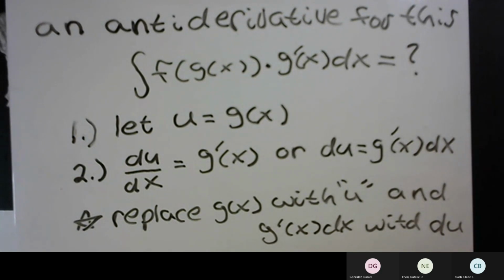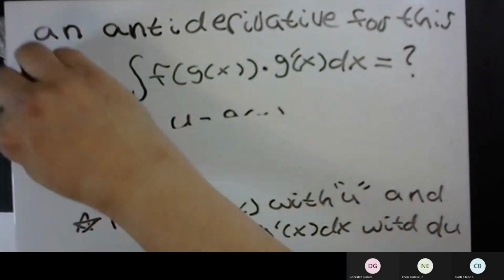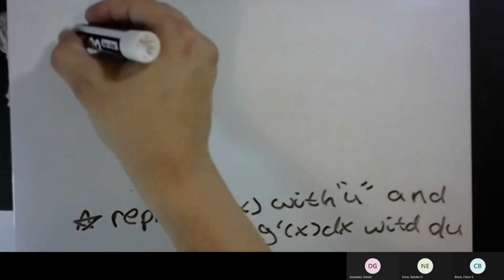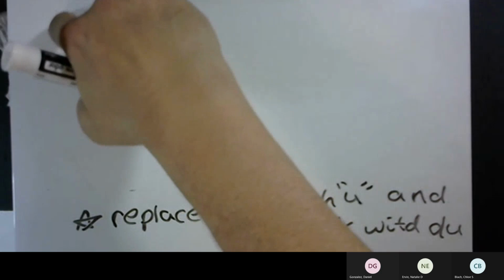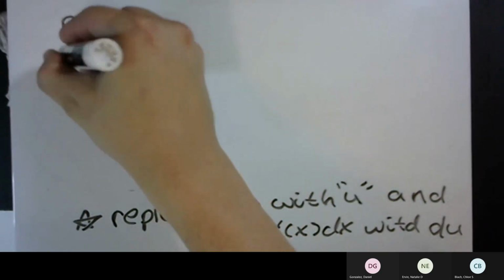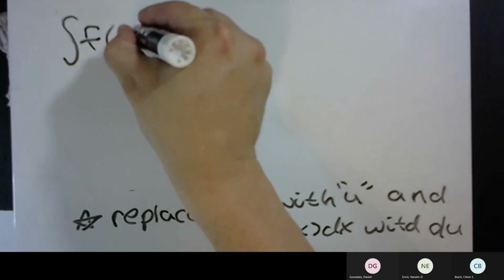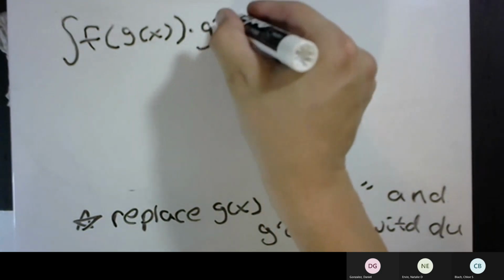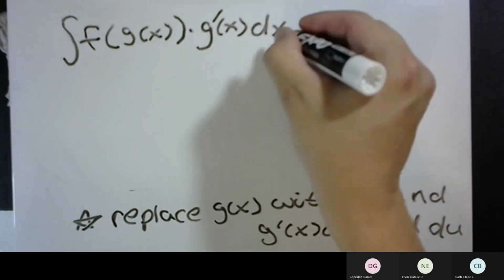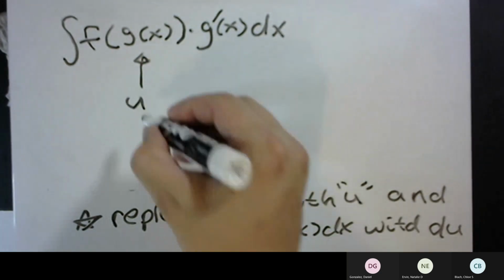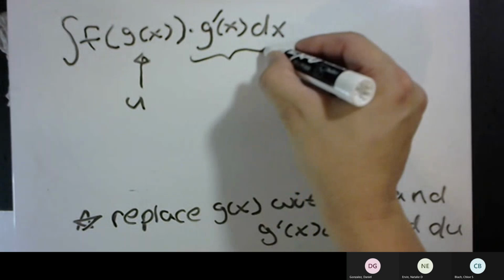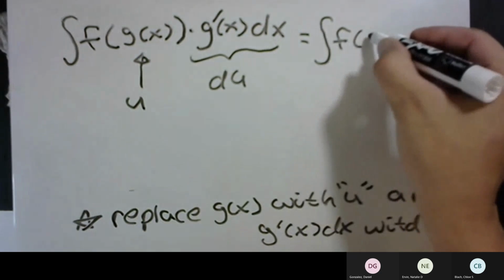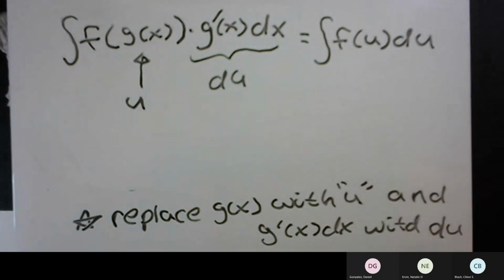So what this should do is just make life much simpler. So that becomes u. This is du. So we get f of u du.